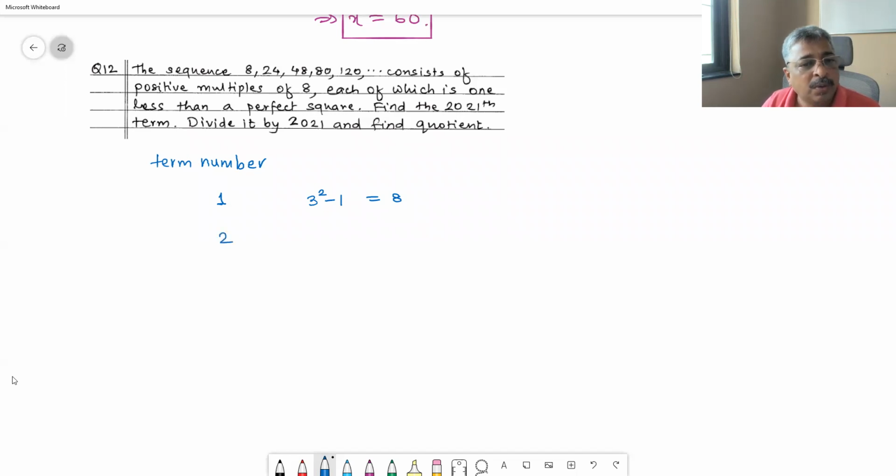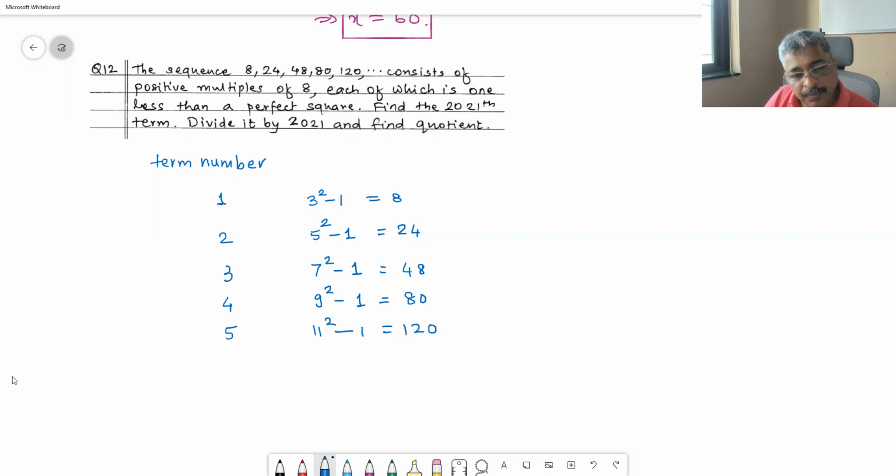Term number 2, we get 5 square minus 1, which is 24. Term number 3, it is 7 square minus 1, which is equal to 48. Term number 4, it is 9 square minus 1, which is equal to 80. Term number 5, 11 square, that is 121 minus 1, is equal to 120.